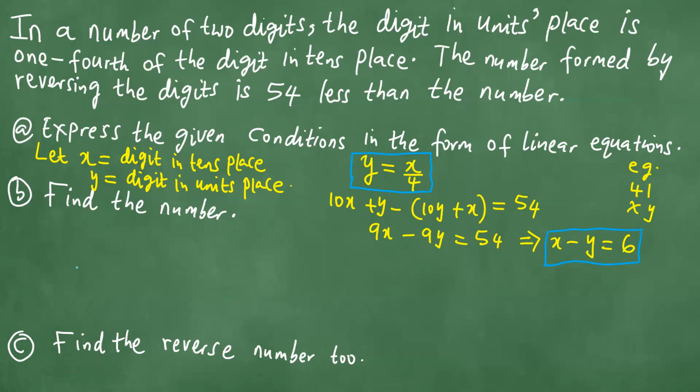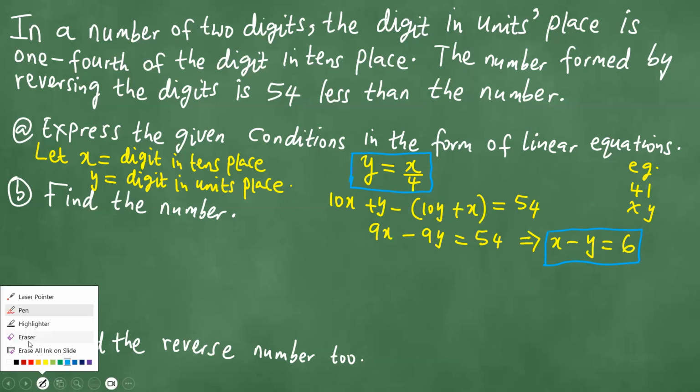Now we need to find the number. How do we find this number? To find the number, we need to solve these two equations simultaneously.